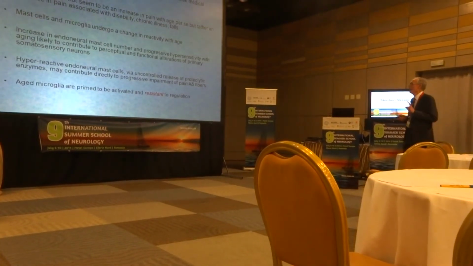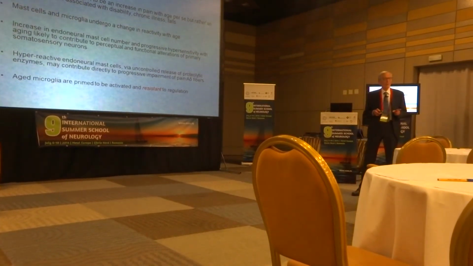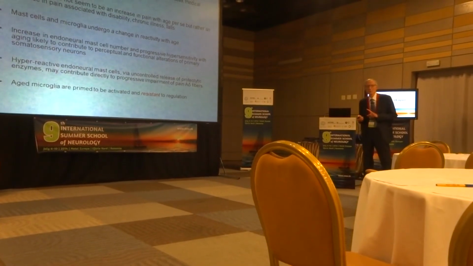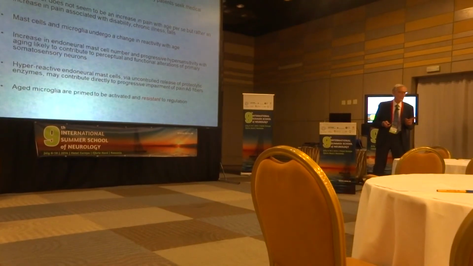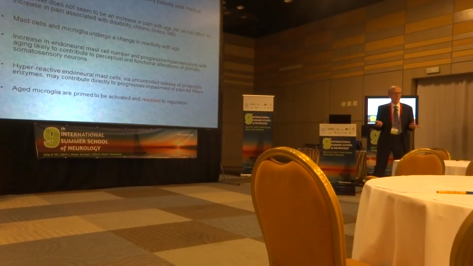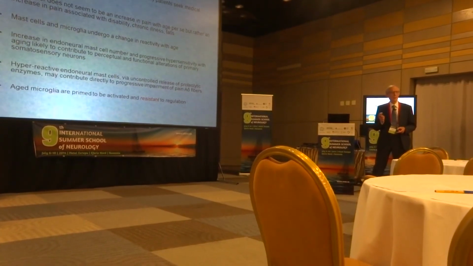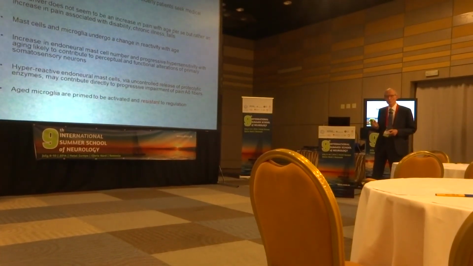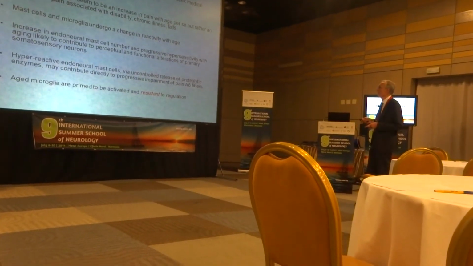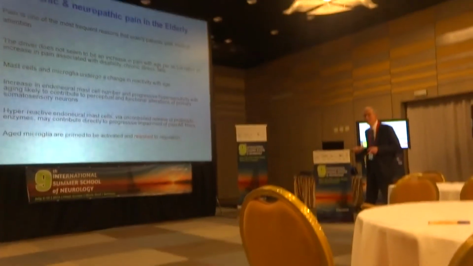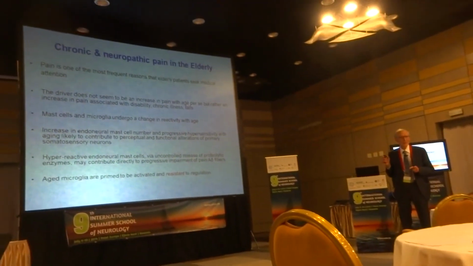Microglia as well are far more sensitive with aging, and also less resistant to regulation. If you take mast cells or microglia from the brain of a young rat or an old rat, the older ones are far more reactive and less responsive to inflammatory agents. So again, treatment of chronic neuropathic pain is difficult in and of itself, even more so in the elderly. Just something to think about.